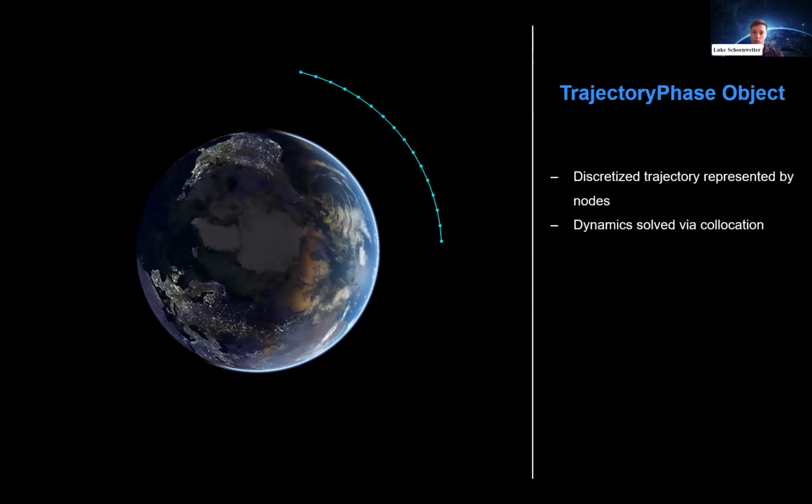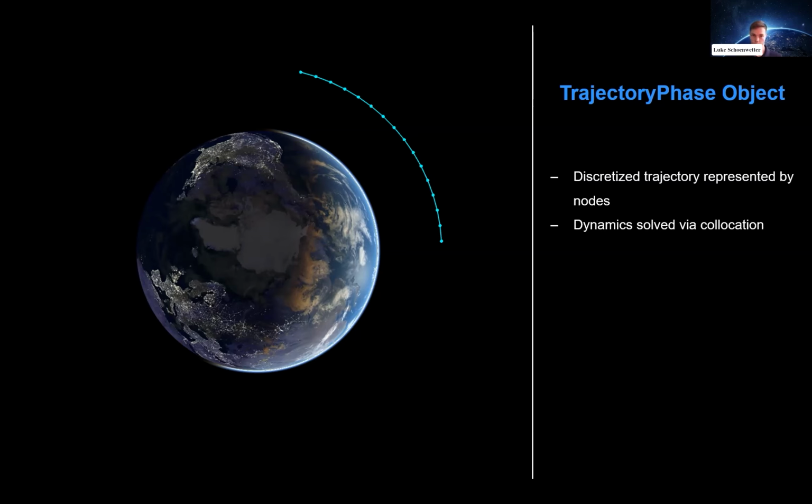Now, as far as the TrajectoryPhase object goes, I will do a quick little introduction and extension of what Nate was talking about earlier when he introduced these new features. The TrajectoryPhase is basically a discretized version of a trajectory segment. If you think about your path through space, at each moment in time, you have a position and a velocity.